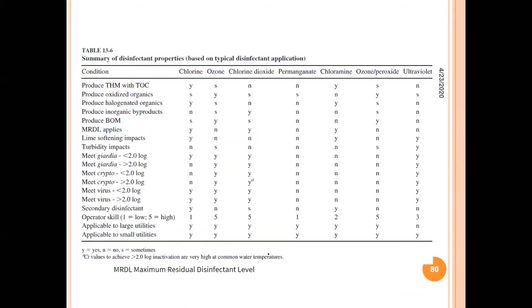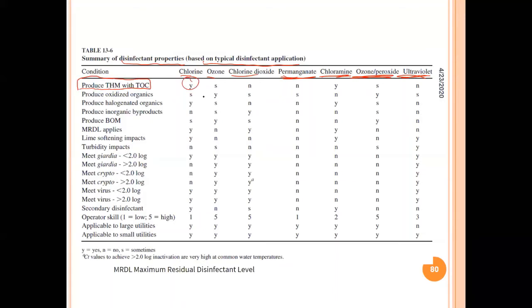In this table is a summary of disinfectant properties based on typical disinfection application for chlorine, ozone, chlorine dioxide, chloramine, permanganate, ozone peroxide, and ultraviolet. Does it produce trihalomethane with total organic carbon?